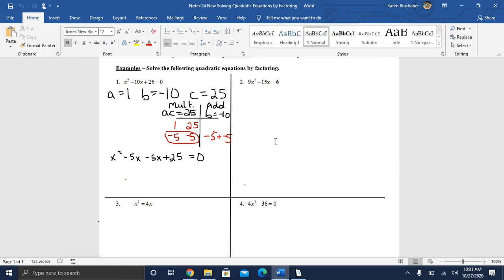Now we'll kind of ignore the equal 0 for a little bit. Remember that we would draw a cut line. We could see that both these first two terms will divide by x, so we can factor out an x, leaving us with x minus 5 after we do the dividing.